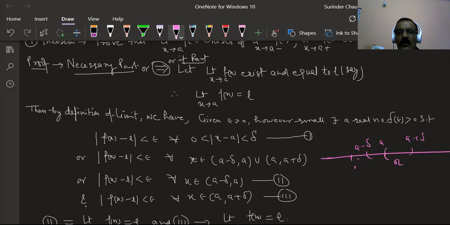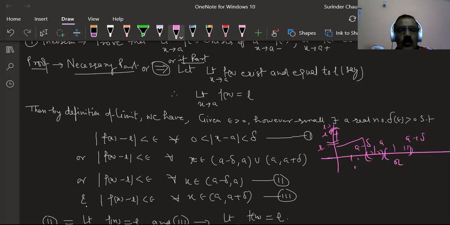So the meaning of this is that we can take the value of x from here or here, except a. Then modulus of f(x) minus L is less than epsilon means, to draw the graph, L will be here, this is L plus epsilon and this is L minus epsilon. The value of f(x) will lie between this and this.